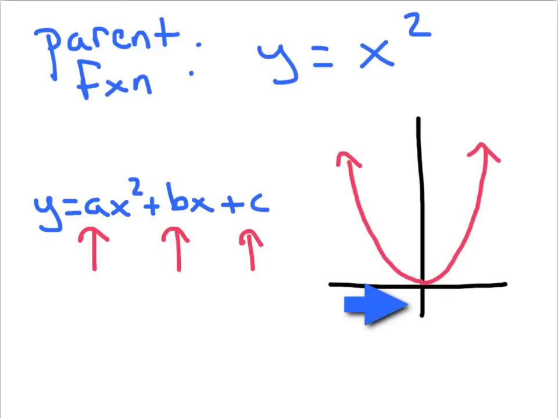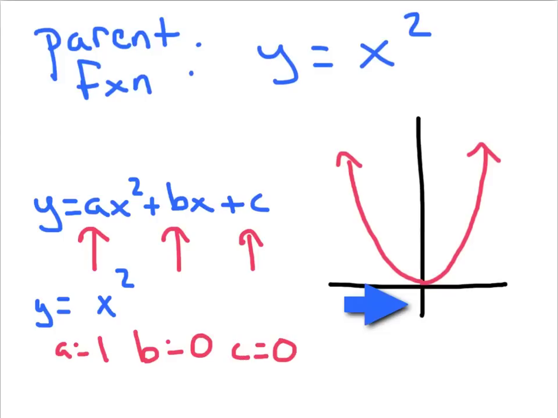So in the parent function, we have y equals x squared. So that means that a equals 1, b equals 0, and c equals 0. C is also going to be our y-intercept. So we know that it hits the y-axis at 0.